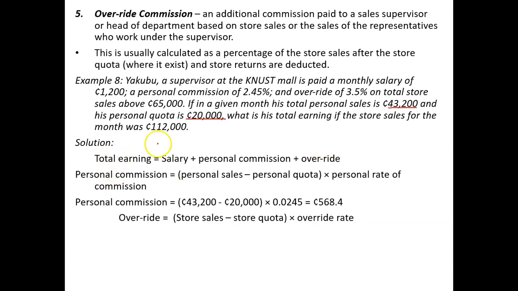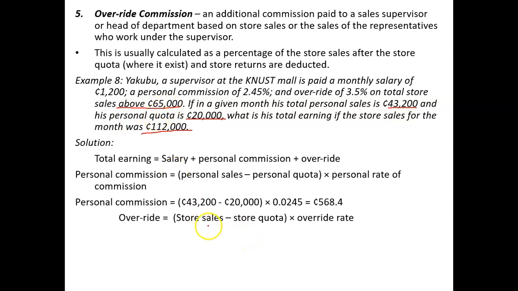When you go back, you realize that they said an override of 3.5% on total store sales above 65,000. So this is the store quota, 65,000.